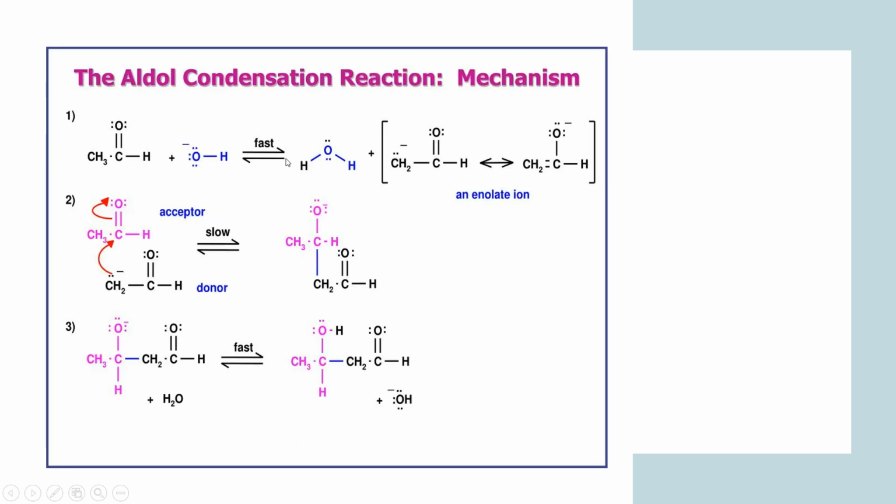Let us just quickly recap the aldol condensation. We have already learned it in the last tutorial. The base will abstract the acidic proton from here, leading to the formation of enolate, which will come back here and undergo C-C bond formation to attack at this acceptor, leading to the formation of this oxyanion.